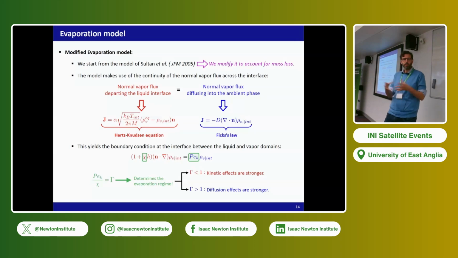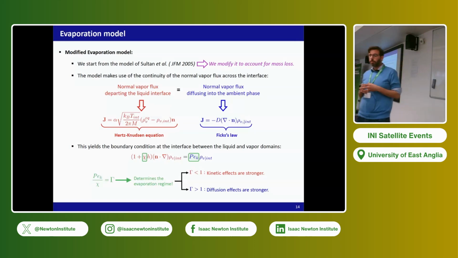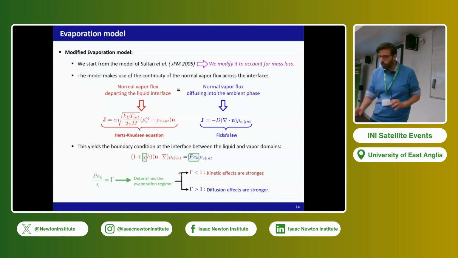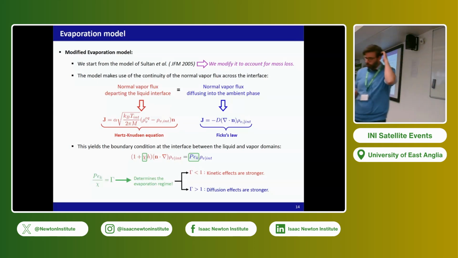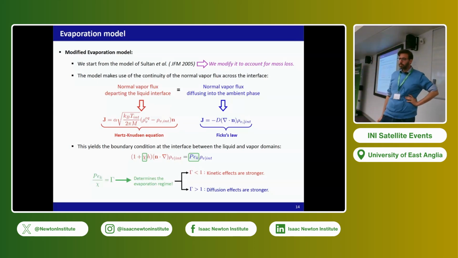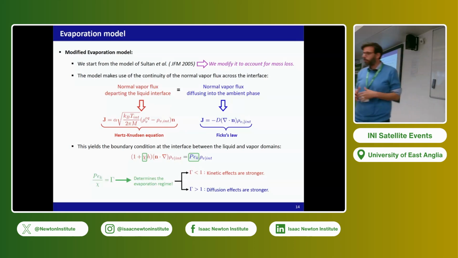With some calculation, putting these things equal, eventually you find a boundary condition at the interface, which you can see here, in which you have two additional parameters. One is the kinetic Péclet number, a ratio of kinetic time to diffusion time, and the second one is chi, which determines the density fluctuation.